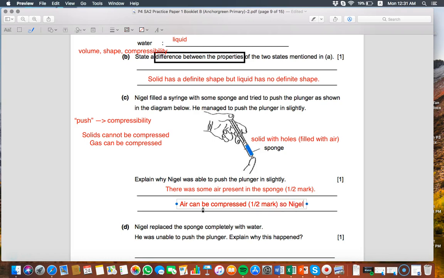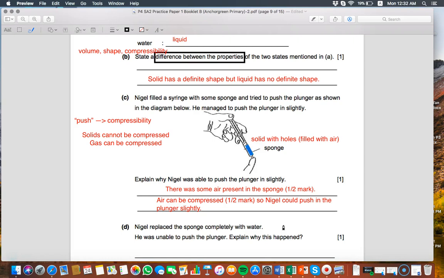So Nigel would push in the plunger slightly. First identify what is present in the sponge, then you talk about the property that allows Nigel to push in the plunger slightly.